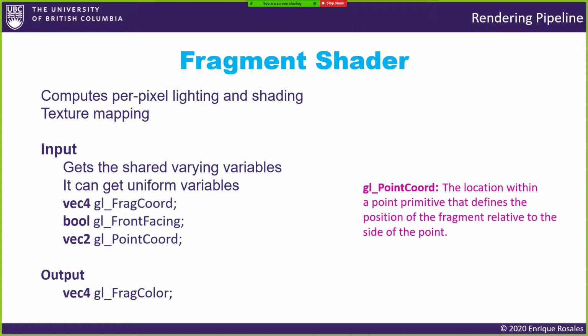Imagine that you want to render your point cloud, and instead of showing every vertex as a square, you want to show every vertex as a circle. You can use this point coordinate to know at which distance they are from the center of the vertex, and you can discard the fragments that are outside a circle.